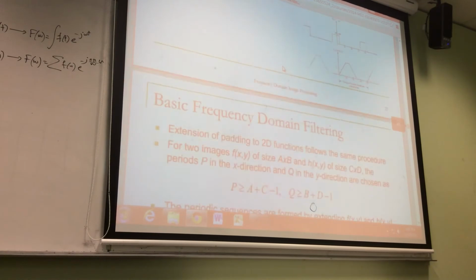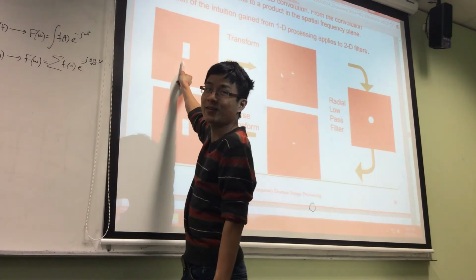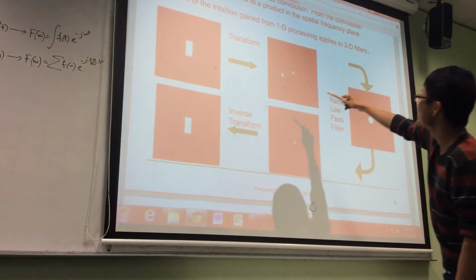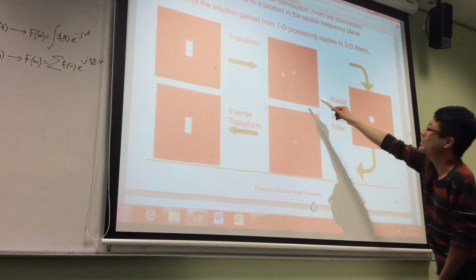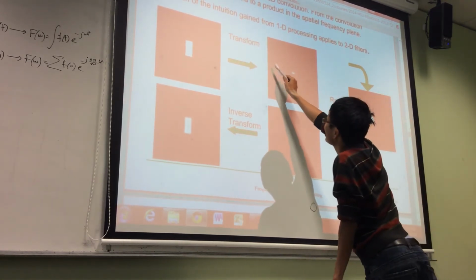Okay, so I give you an example. For example, this one is the original image of the rectangle. If you take the Fourier transform, this one is not quite easy to see, but it is actually like the sinc function, going black, white, black, white, black, white.